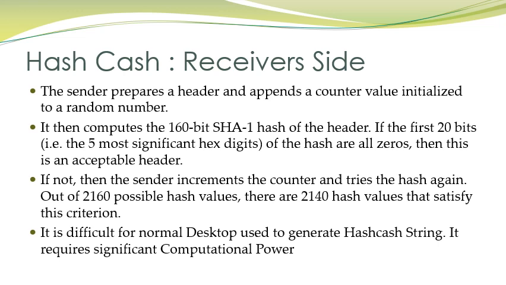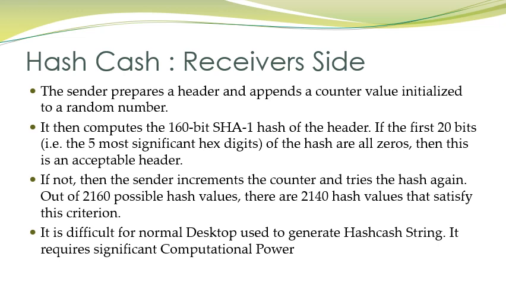If the first 20 bits are not zero, then the sender increments the counter and calculates the hash value again. This process will continue until the sender gets a hash value that has the first 20 bits zero.